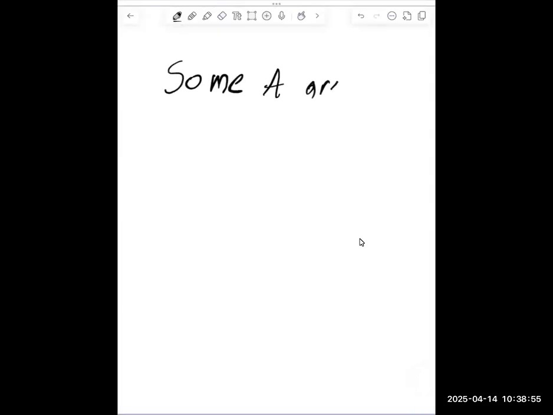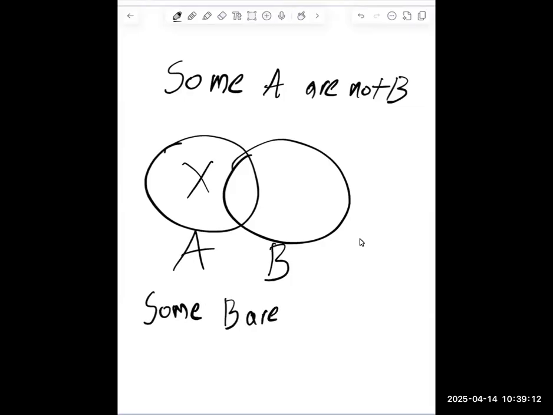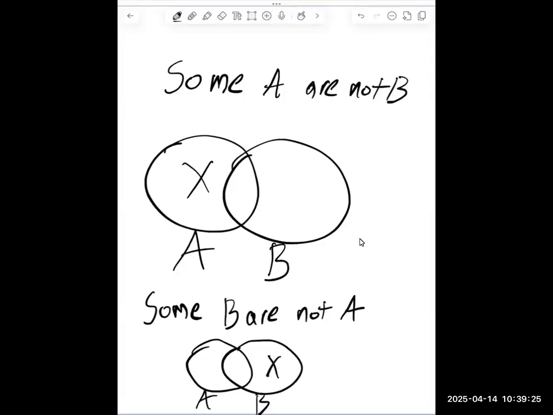Anyway, but notice some B are not A looks very different, right?